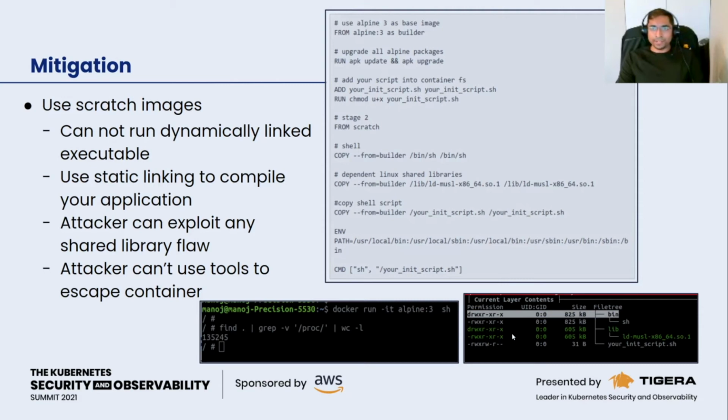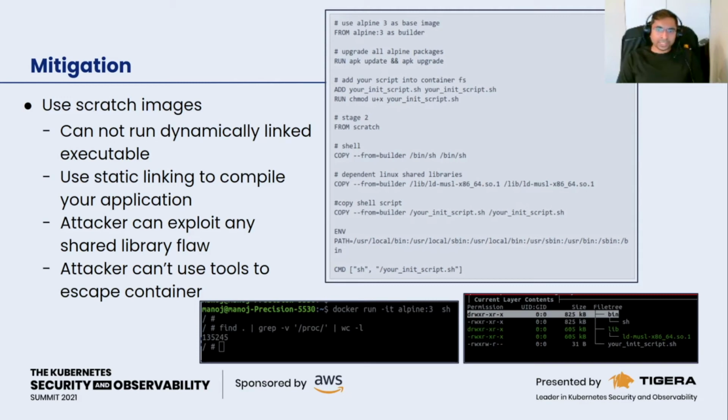So you should be really minifying your attack surface using these scratch images. Your base image will contain only the files which are needed for your applications. That way, it will be very difficult for attackers to run any tool that they want, as there will be no underlying operating system dependencies available.